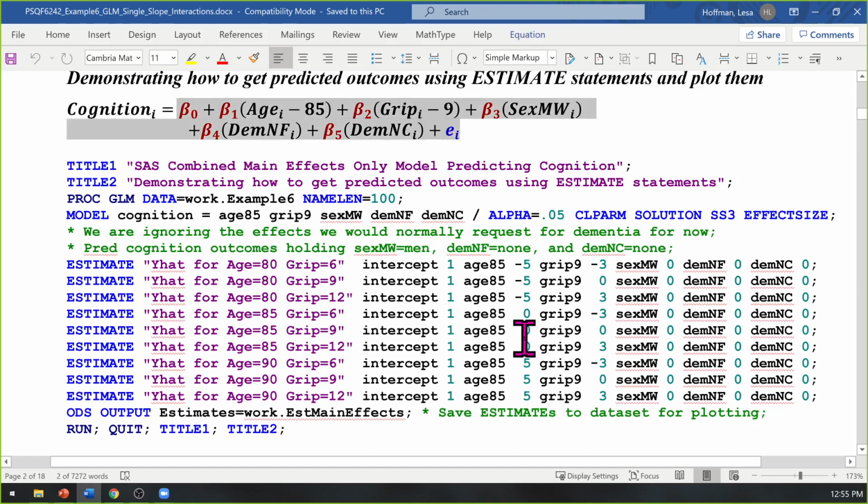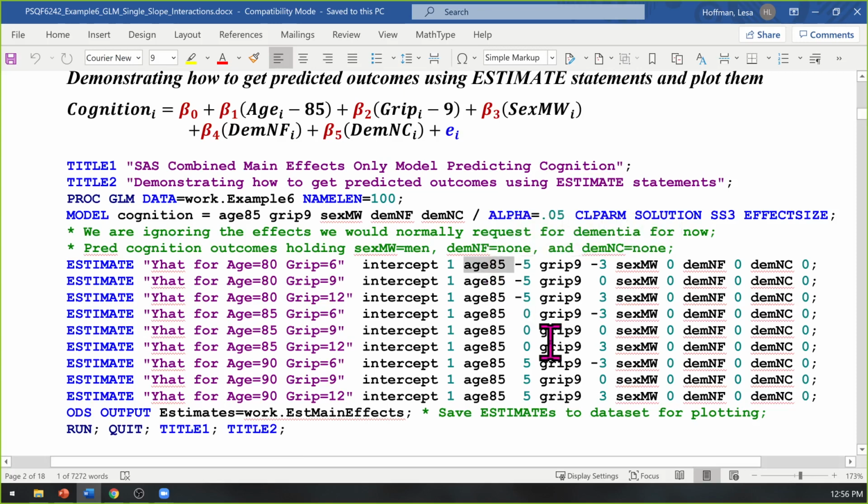The beta 0. Yes, beta 0. You can say beta naught. That's not my thing, but people do say it that way. So it's what beta 0 is going to become. That's what the word intercept refers to. And I only need one of them. So at a minimum, predicted values need a fixed intercept.